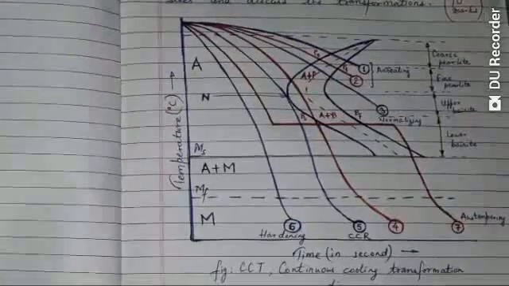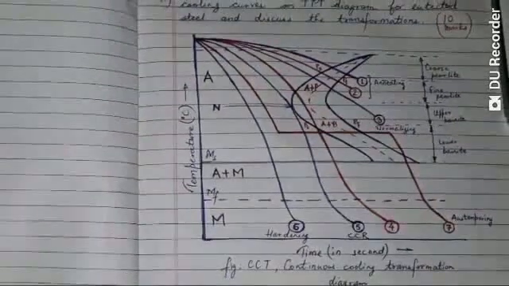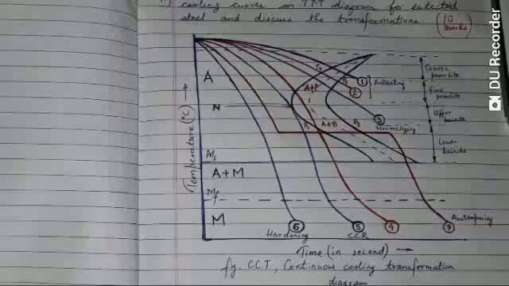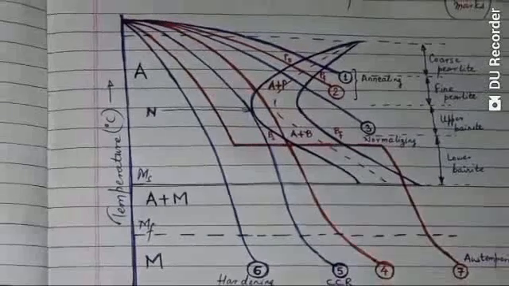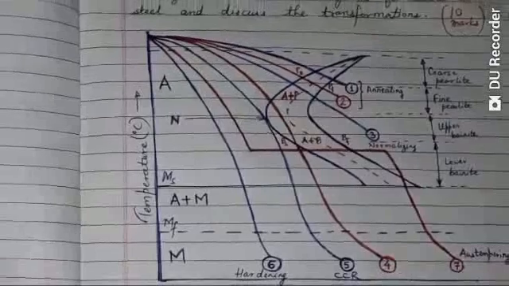So then 100% martensite can be formed, and then curve number 6, and then 7, which is held at a temperature for some time, and then again it is cooled further. So it is called austempering.